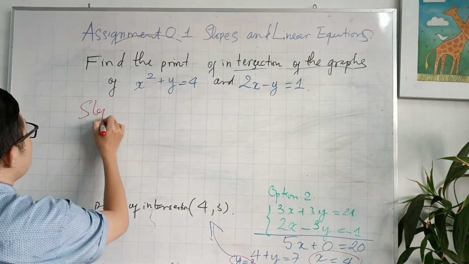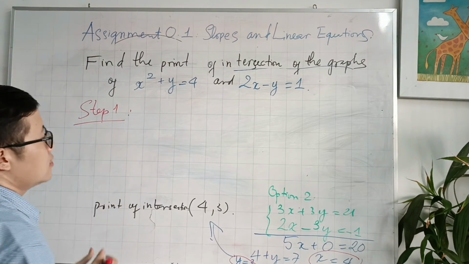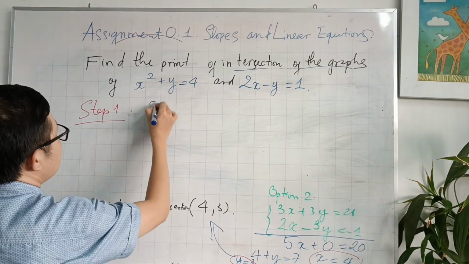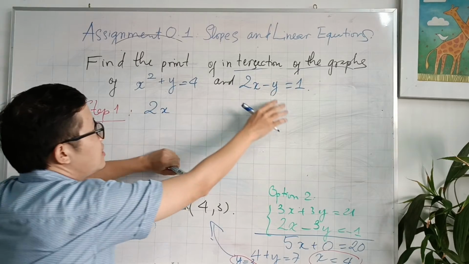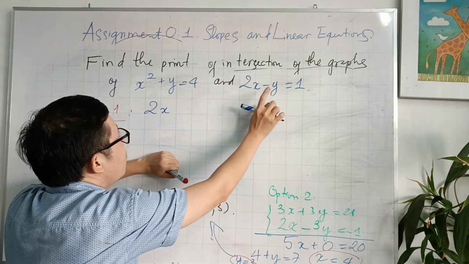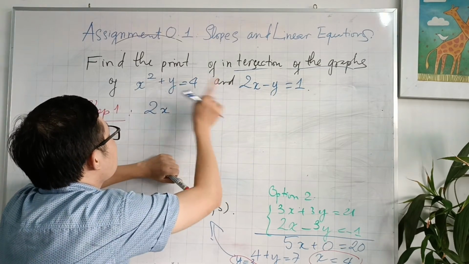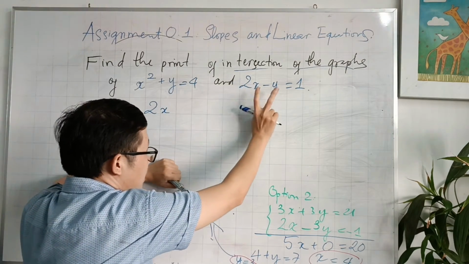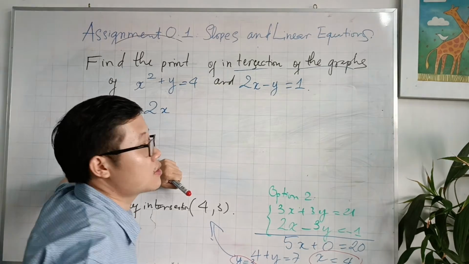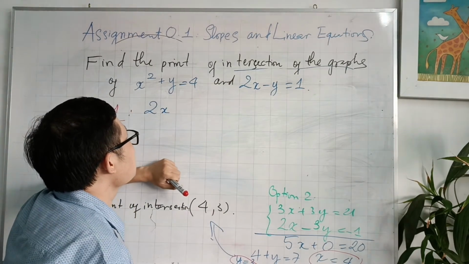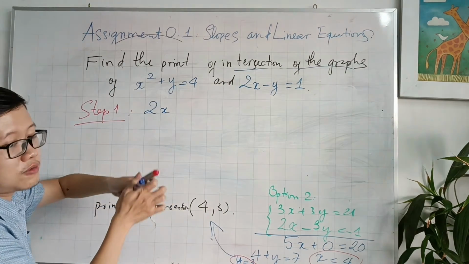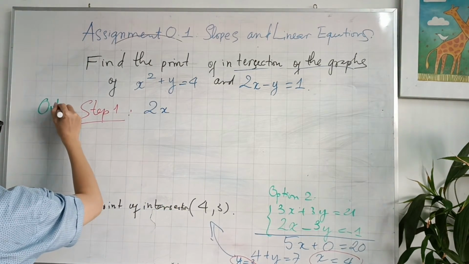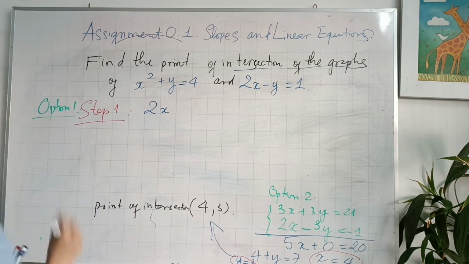Step 1. We isolate y in the first equation or in the second equation. We have two options. Option 1 is always the easiest option.